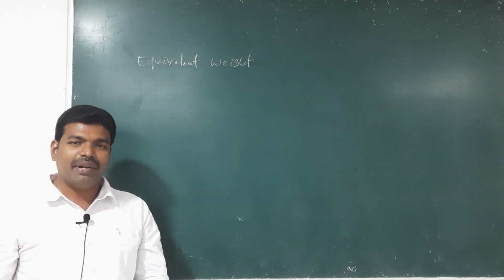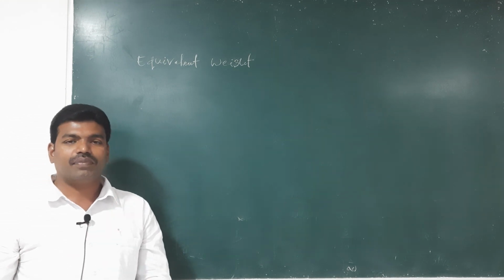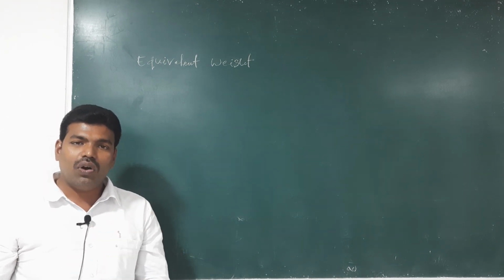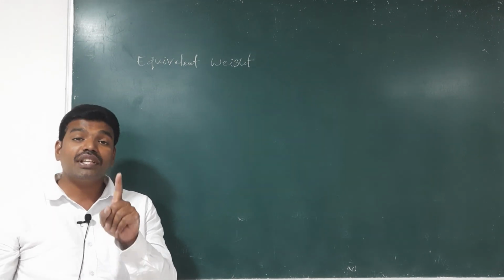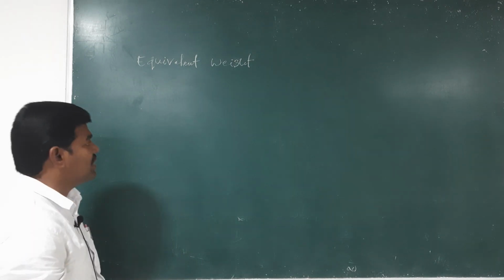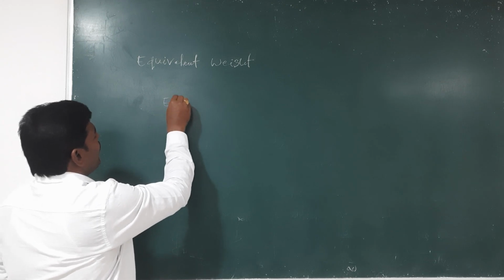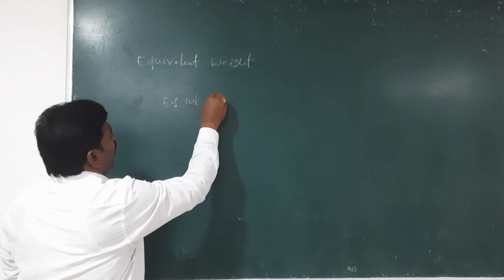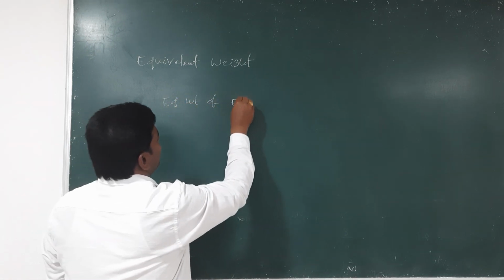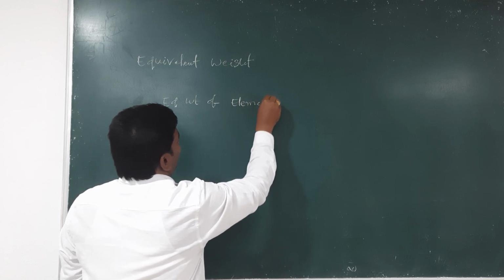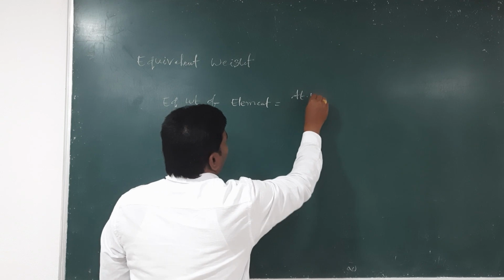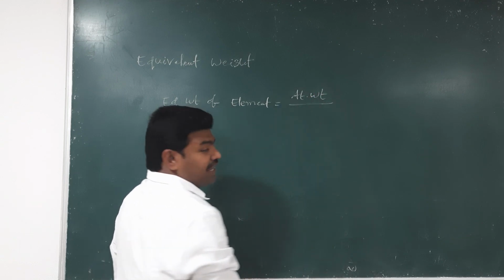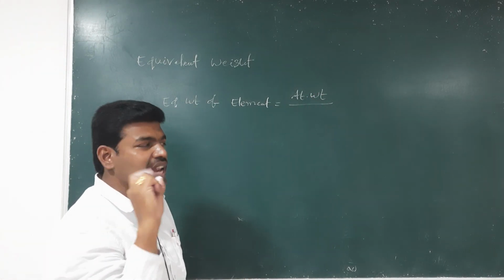Usually, the equivalent weight of an element can be calculated using the formula: equivalent weight of element is equal to atomic weight of that element by its valency.